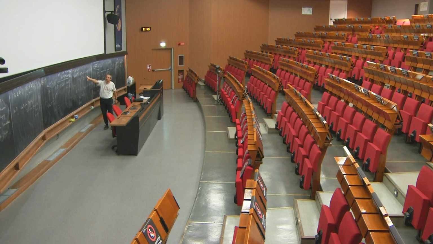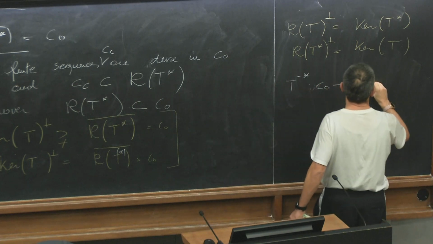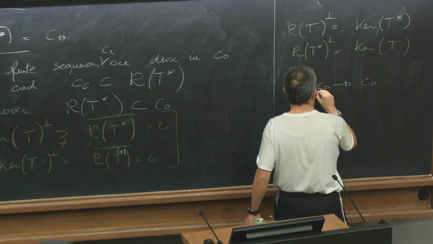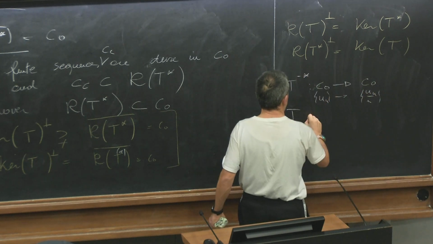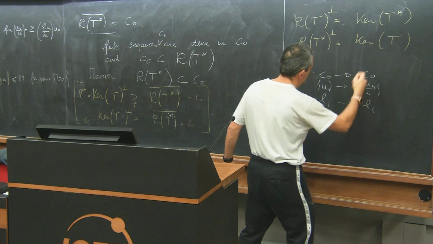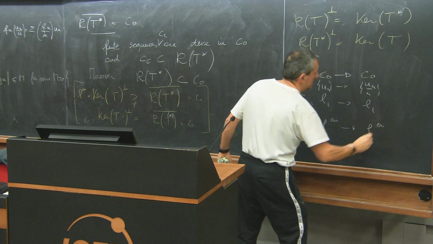So T star is T considered in L infinity, T is T considered in L1, and then we'll say T minus star is T considered in C0. Something like this. T minus star of U, this is from C0 into C0, which from UN, you give UN over N. T on L1 is always the same, L1 to L1, and the map is the same, and T star from L infinity into L infinity.